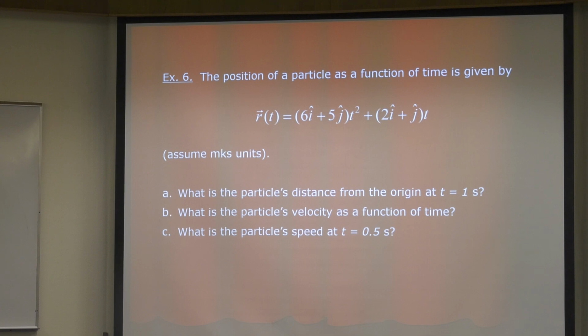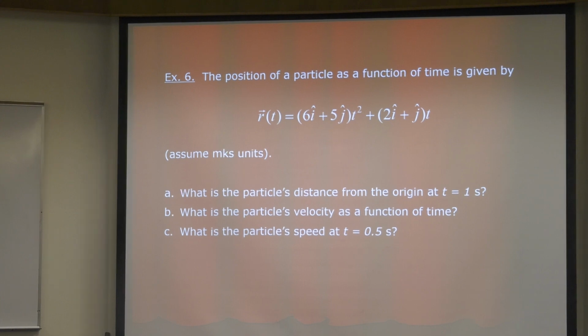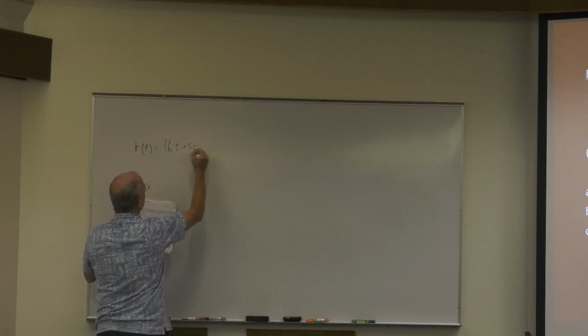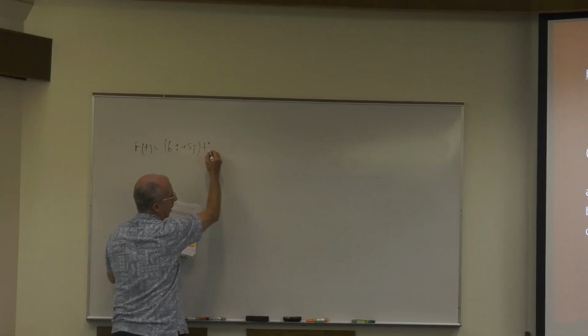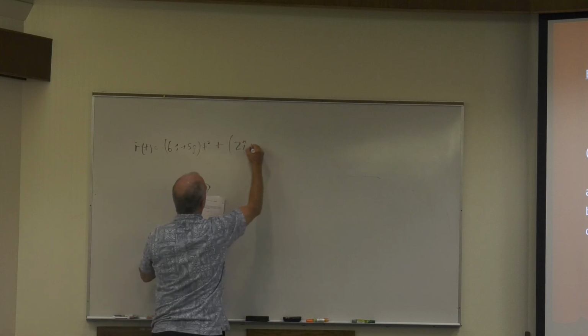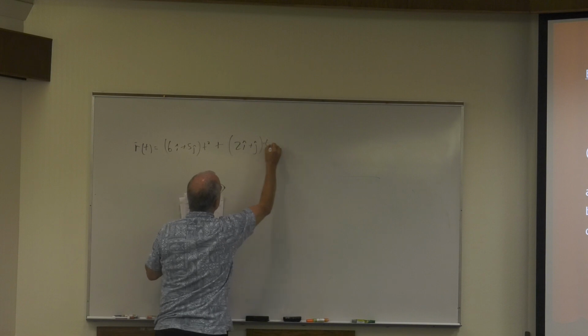All right, let's do it. Okay, so we're given that the position as a function of time is (6I plus 5J) times t squared plus (2I plus J) times t.